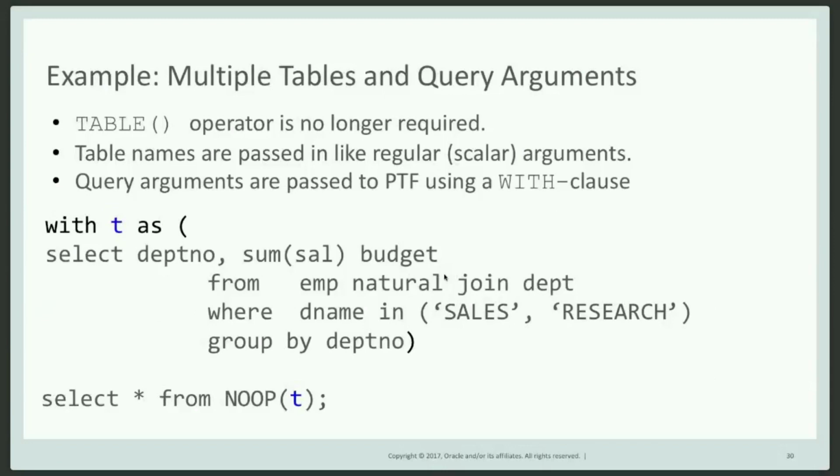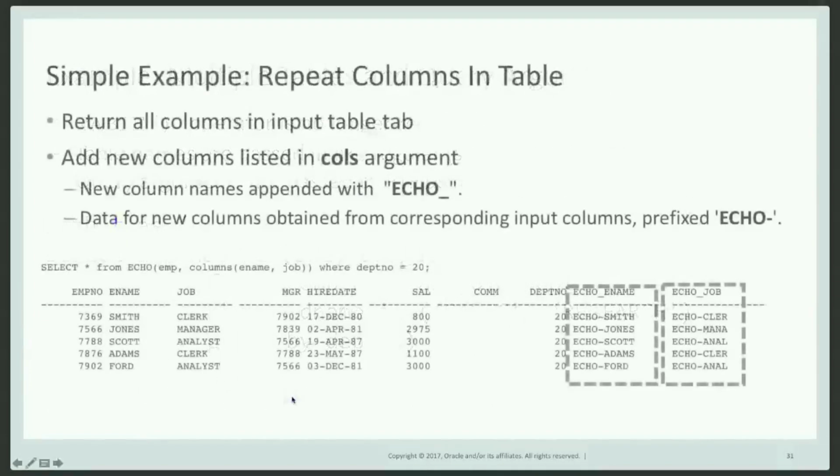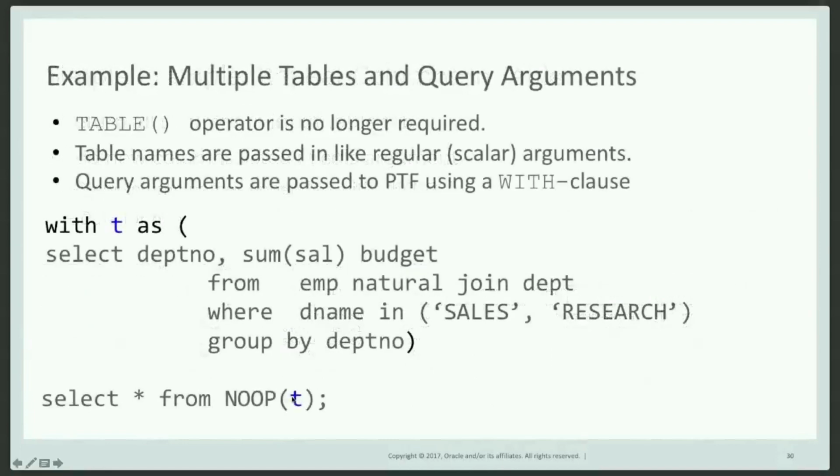We have to pass a single table name in. If you want to pass in multiple tables, then in effect what you have to do is create a with clause to do all of the pre-processing that you want to do, any joins, etc. And then you can pass that information into your polymorphic table function.